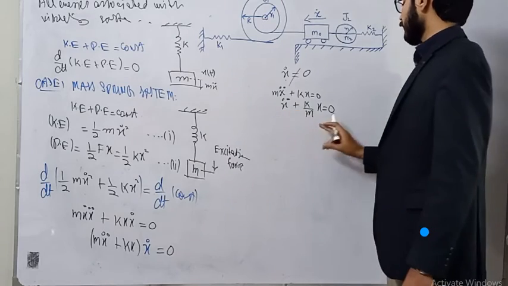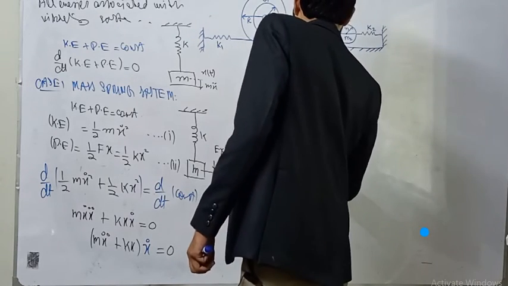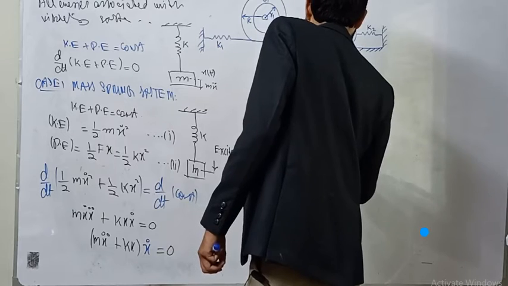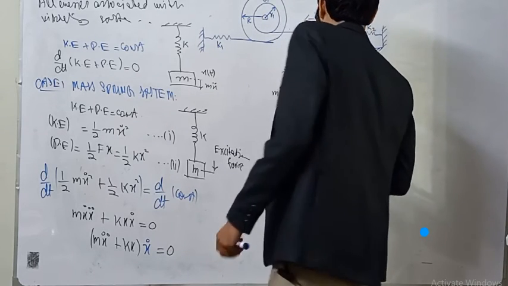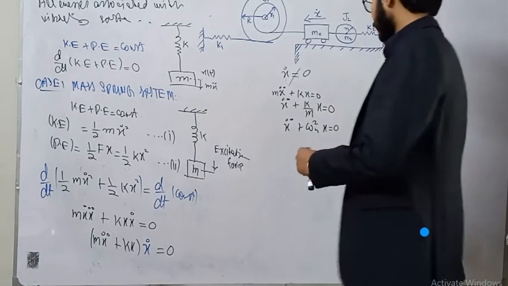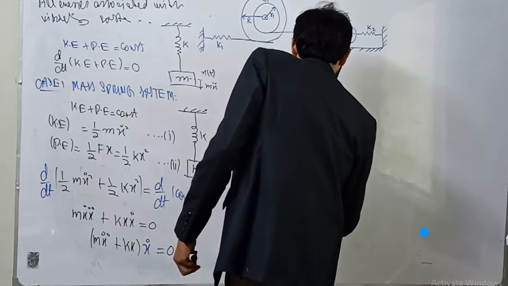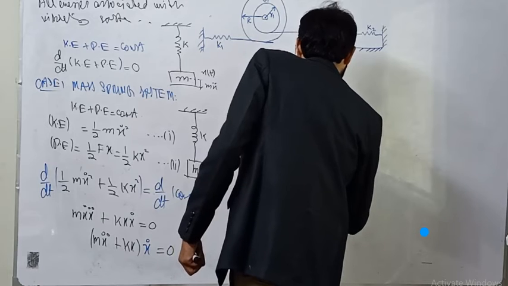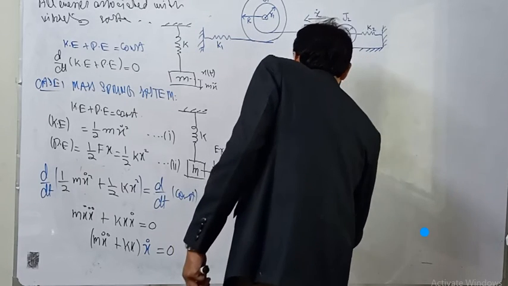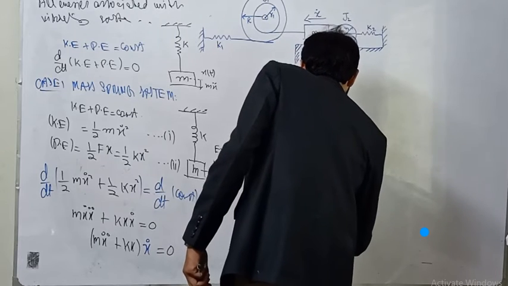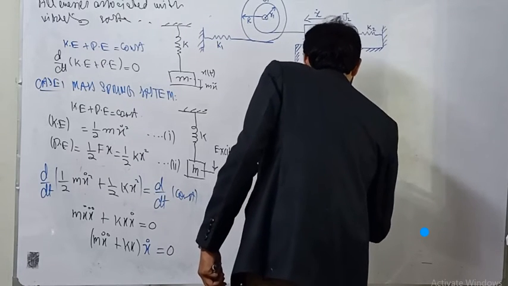x double dot plus k over m into x is equal to 0, and again we can write it as x double dot plus omega n square into x is equal to 0. Why? Because we already know that the natural frequency of the body is square root of k over m, having unit radians per second, and the frequency in hertz is 1 over 2 pi square root of k over m.